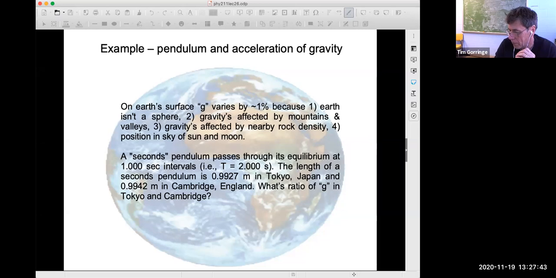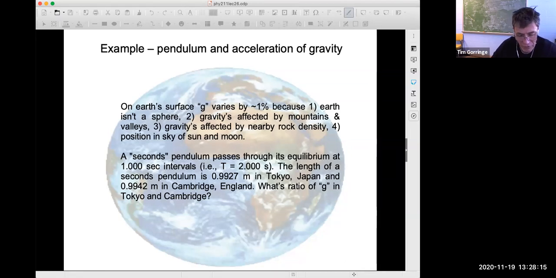If you think about that equation for the frequency or the period of the pendulum, it involves the length of the pendulum, something that the pendulum owner would control, the length of the string, and it involves the acceleration of gravity. And so if you know the length of the string, you can measure the acceleration of gravity.